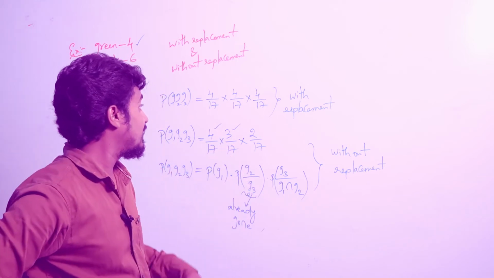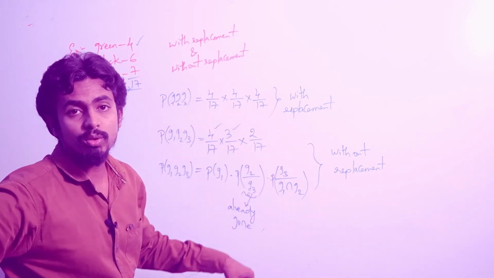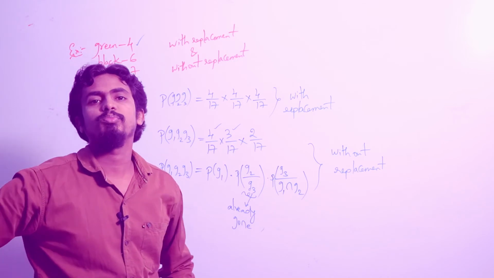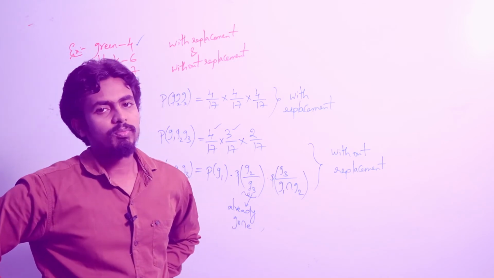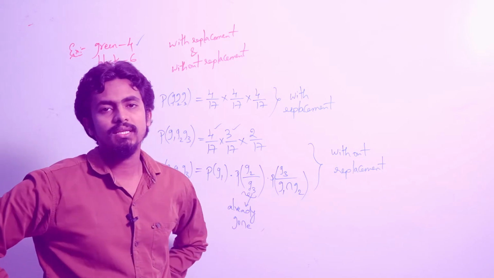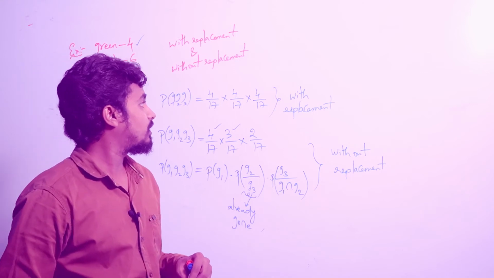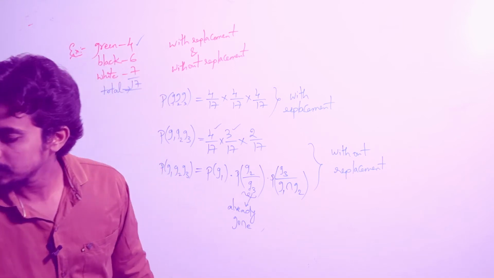Then you will easily get how to apply with replacement as well as without replacement. Let's see one more problem for the joint probability. Then you will get to know how to apply it to questions with the appropriate answers.